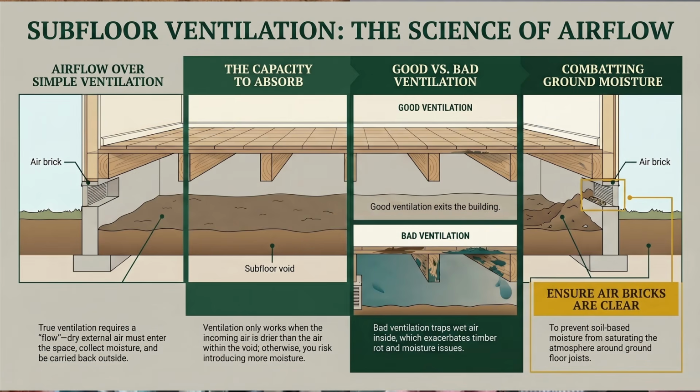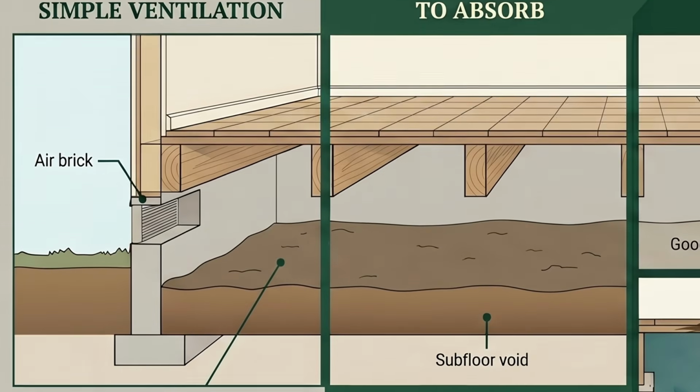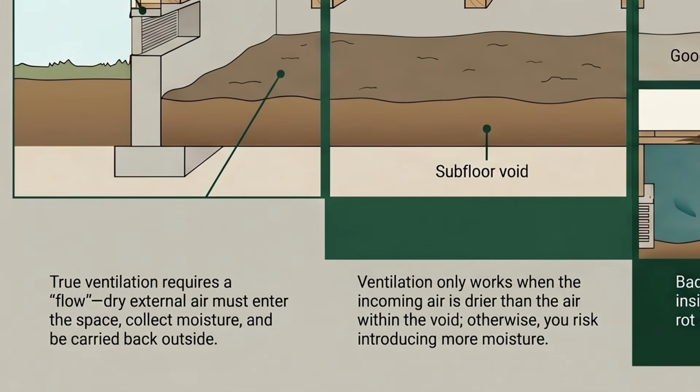What I really wanted to focus on is subfloor timbers and the areas below our feet, and usually on ground floors. It doesn't usually affect upper floors because they're in a dry atmosphere within the building. But on the ground floor, what we've got is a void where the timbers are above a void, and then you've just got the soil or the overground, and therefore the potential for ground moisture to come in and cause an atmospheric moisture issue within that void.